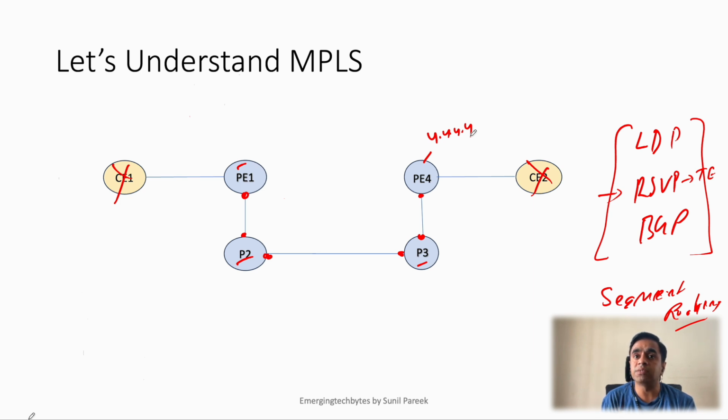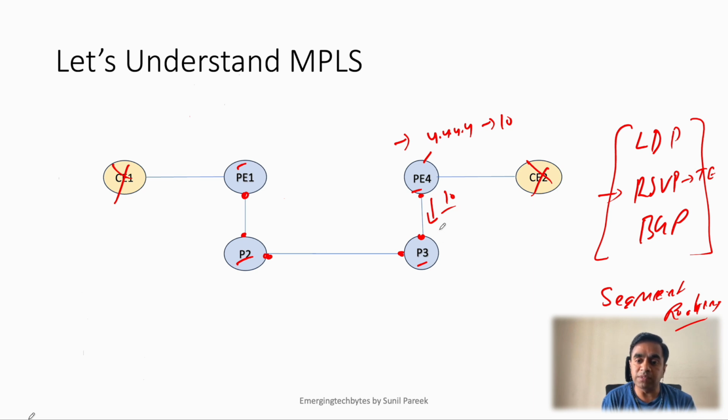What LDP does is it allocates one label to all the directly connected interfaces of PE4, and then it distributes that, or sends it towards P3. Again, I am highly simplifying this here. So 4.4.4.4, let's say it allocates some label as 10. Again, this is for the analogy. There are some efficient ways like implicit null and all. We are not going there. Let's say it simply allocated label 10 here.